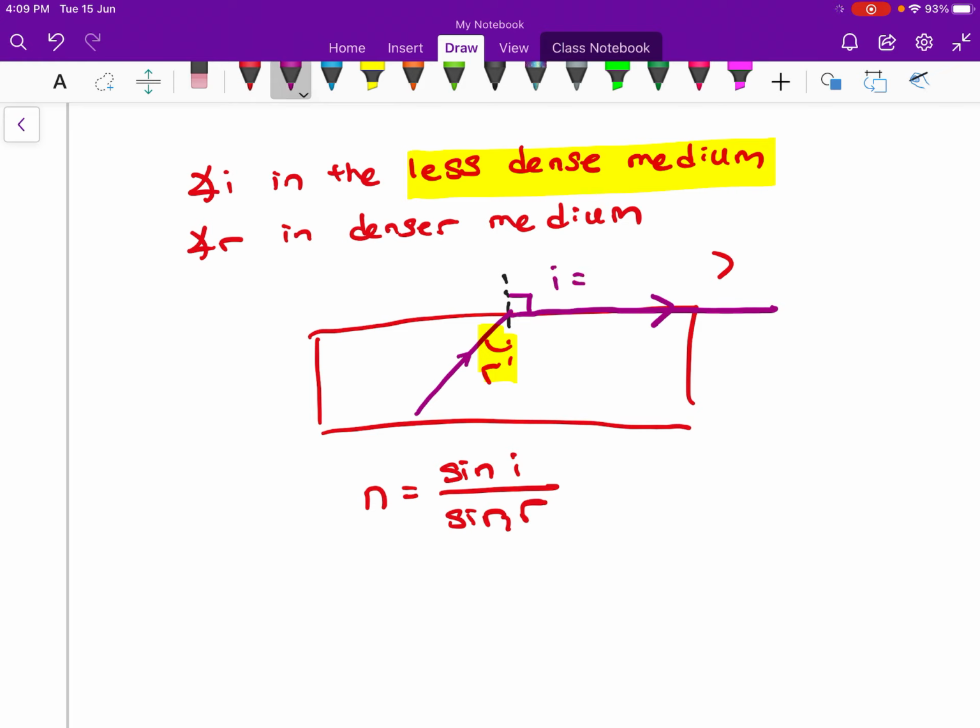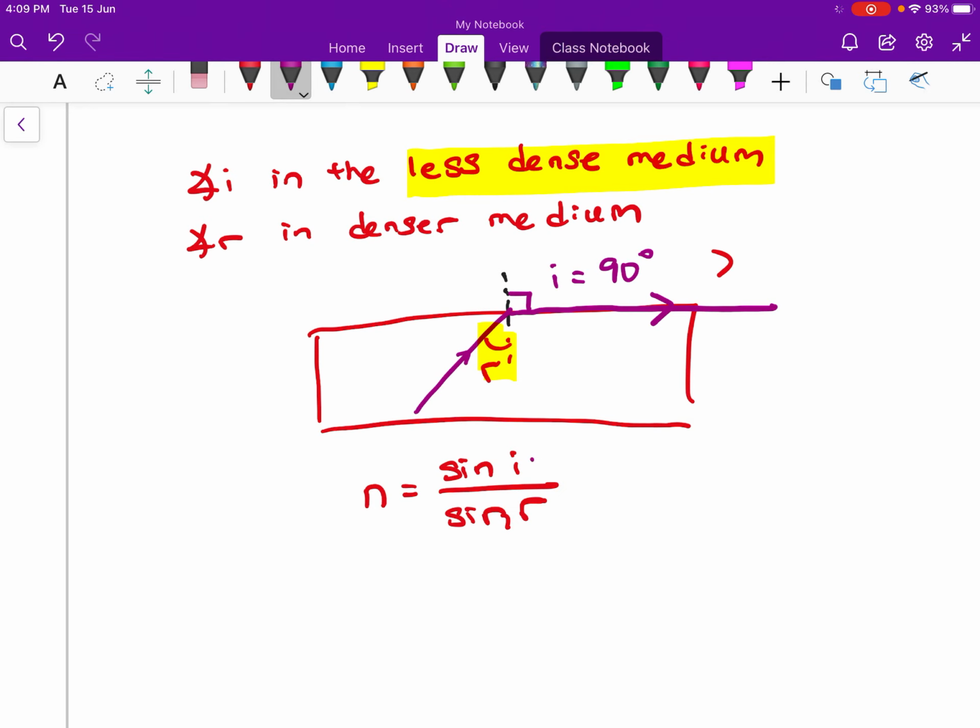This angle of incidence is equal to 90 degrees because you travel on the boundary of the glass surface. So I just simply sub in: n equals sine 90 divided by sine I. And they define that the angle R when the I is 90 is equal to the critical angle. So I simply change the symbol R to C.